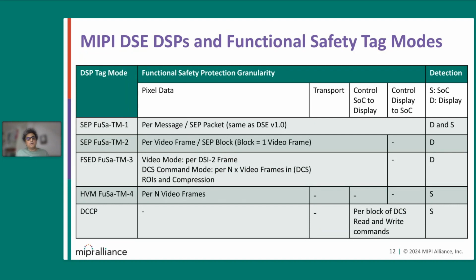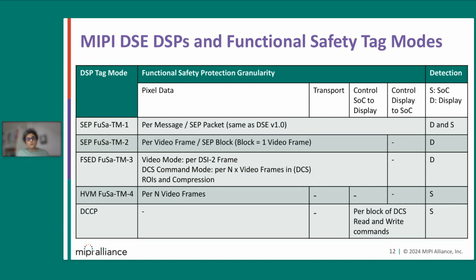And we can make protection every single frame or every N number of frames. And we can also support end-to-end protection for region of interest and compression. And I will show how we do that. But there's no support for control from the display to the SoC.